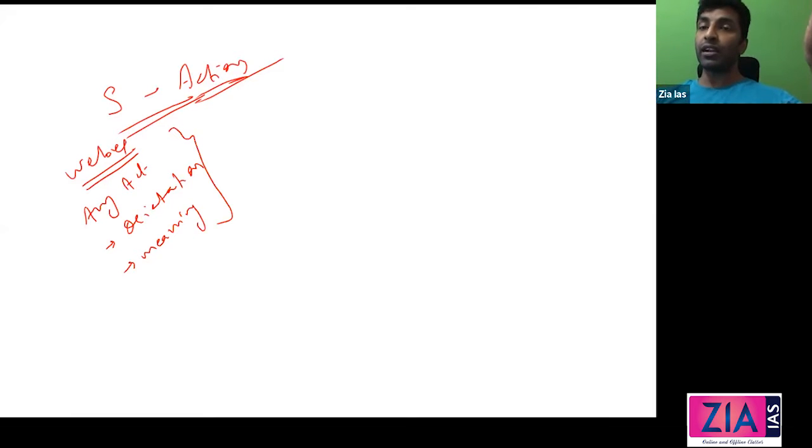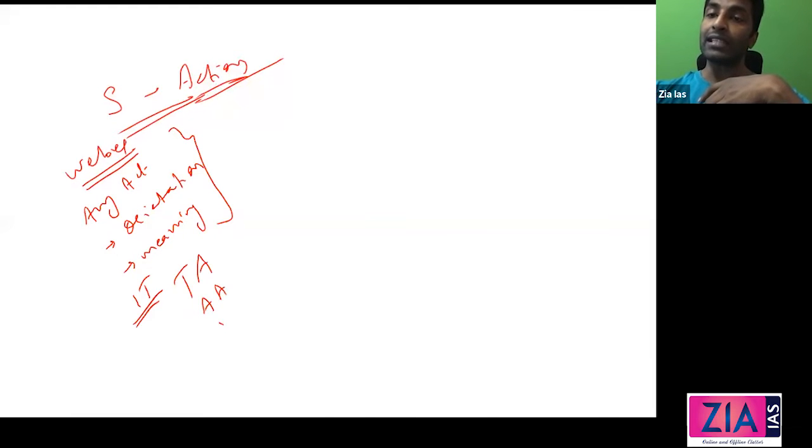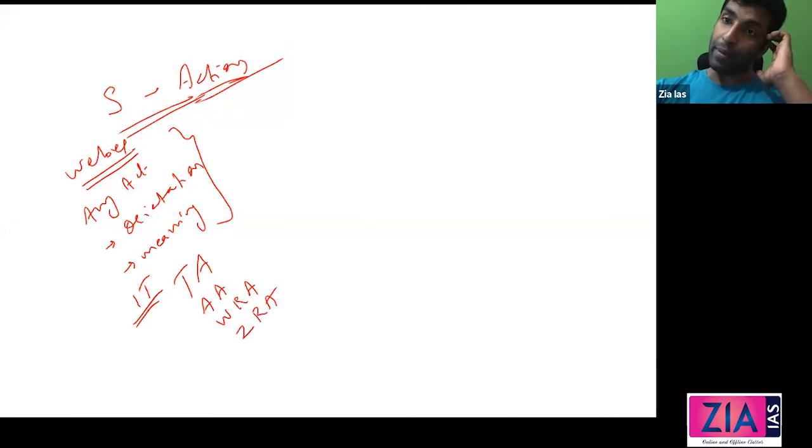Any act is conscious, provided it should be oriented towards others, and there should be some meanings attached by the actor to the action. And what are the ideal types we have seen? We have discussed traditional action, affective action, value rational action, and then Zweck rational action. So that is what we have done under Weber.